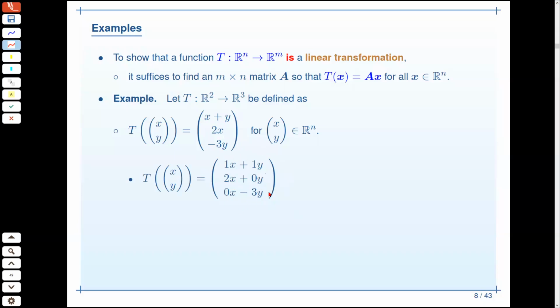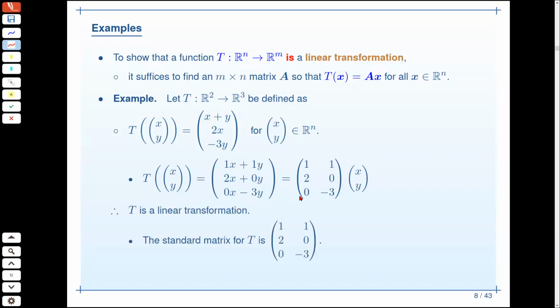This can now be written in matrix form, right? The matrix is 1, 1, 2, 0, 0, minus 3, multiplied with (x, y). So this mapping can be written as T of a variable equals a matrix times the variable. Therefore, this is a linear transformation, and moreover, we know the standard matrix.